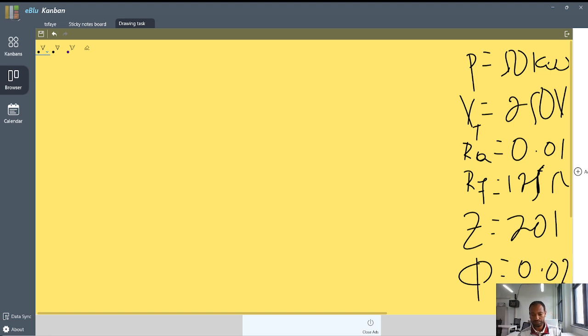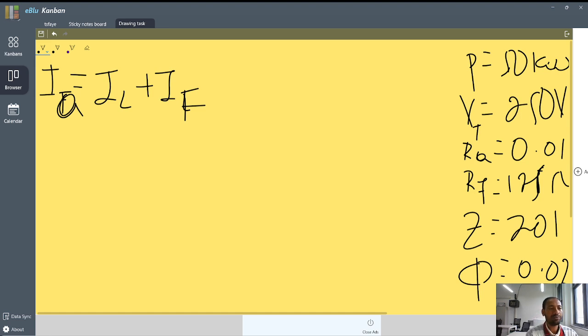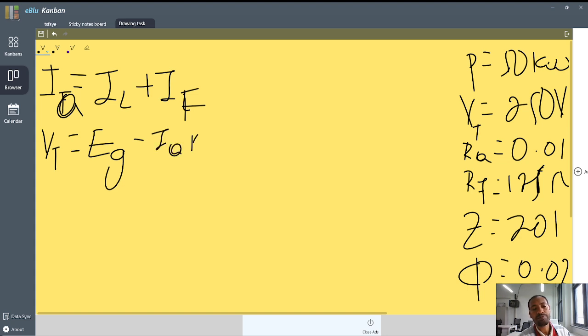You should remember the important equations. In a shunt generator, IA is going to be IL plus IF. And we have to remember VT equals EG minus IA RA. What is required?